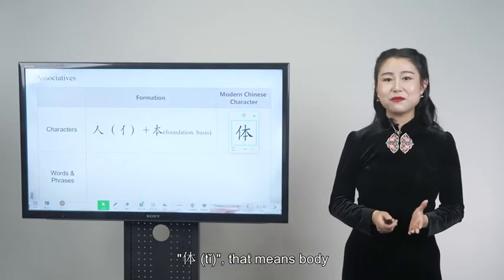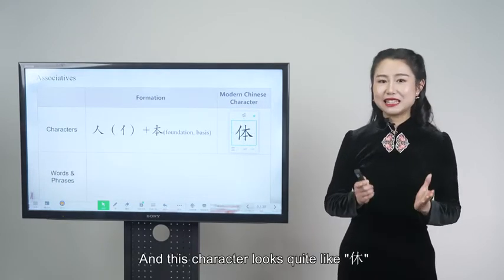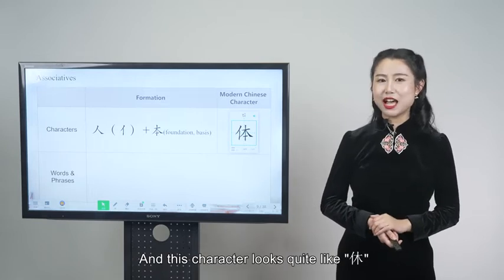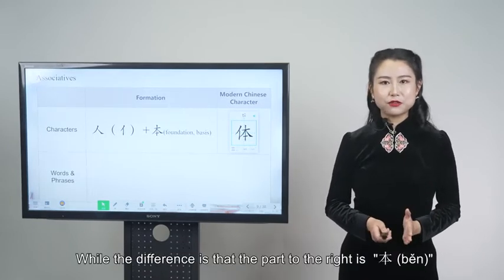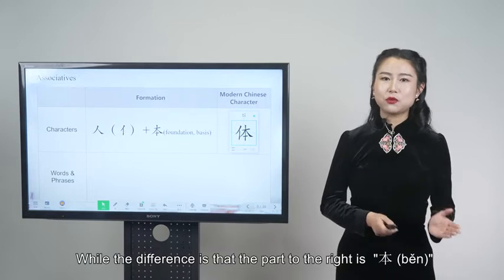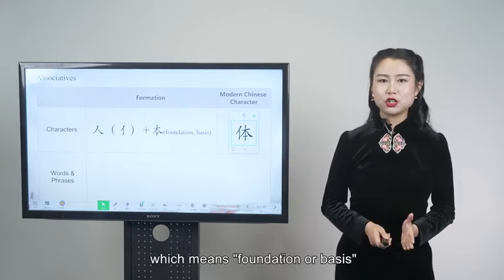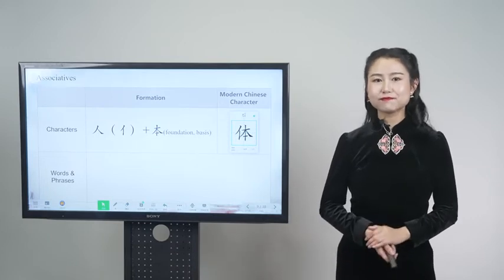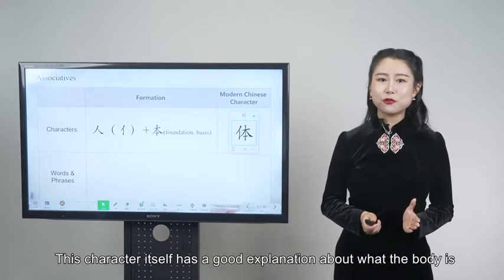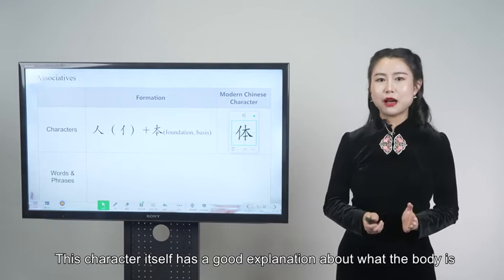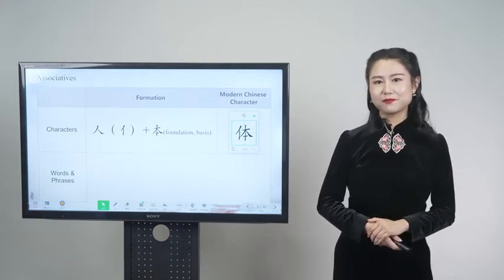体, that means body. And this character looks quite like 休, while the difference is that the part on the right is 本, which means foundation or basis. This character itself has a good explanation about what the body is.